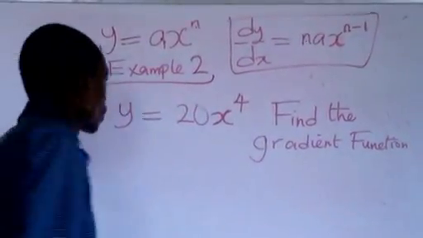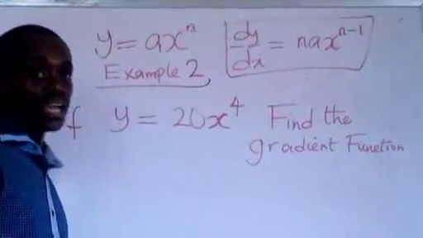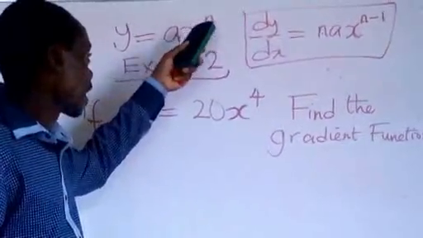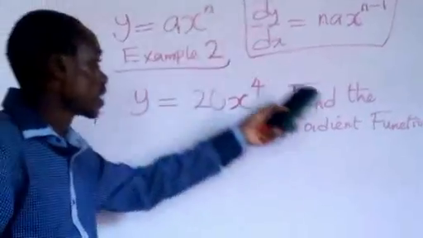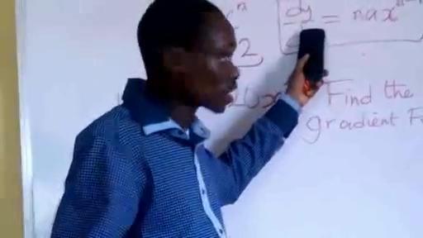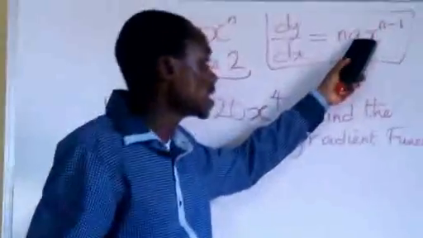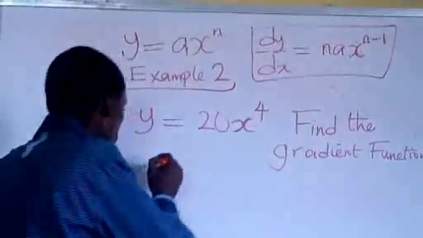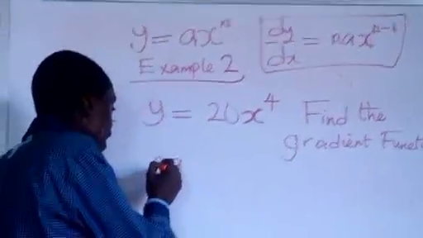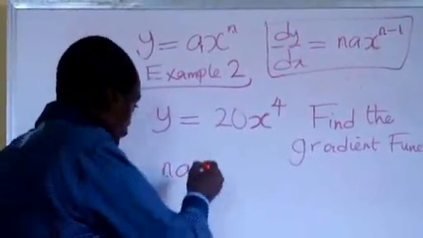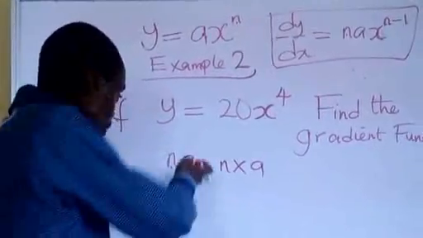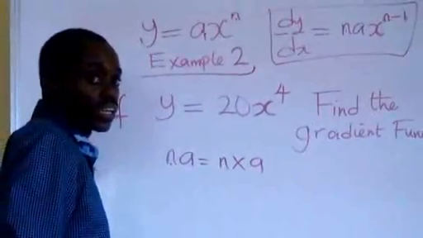So we'll still apply the formula that if y is equal to a x raised to power n, then dy/dx, the gradient function, is equal to n times a x to the n minus 1. Now you might ask why I am calling it na. Na actually means n times a.